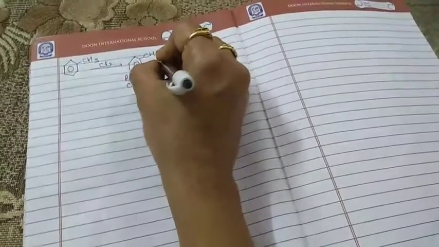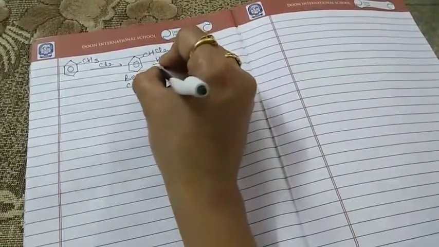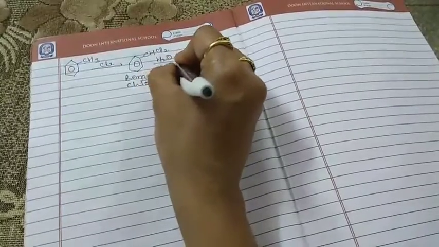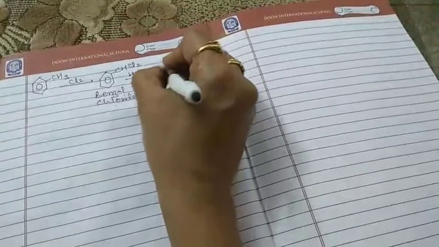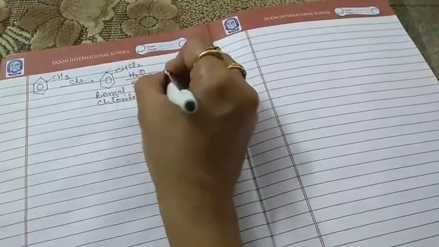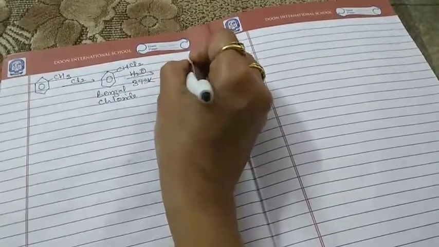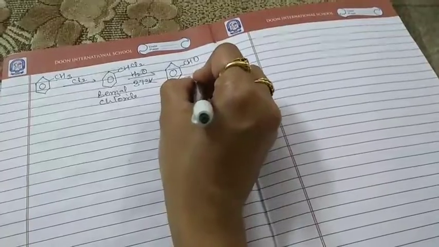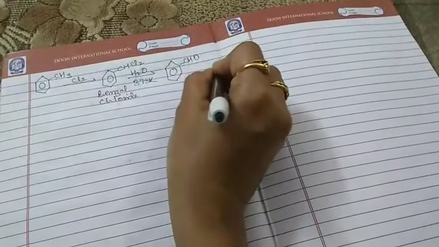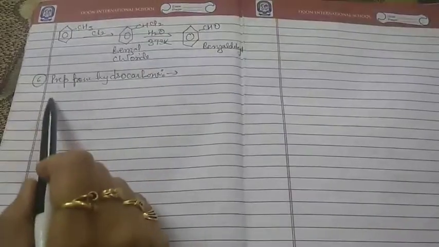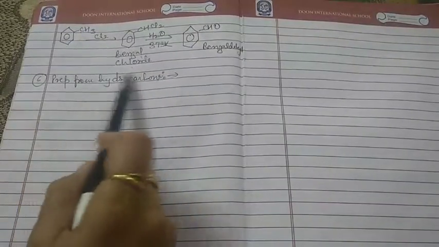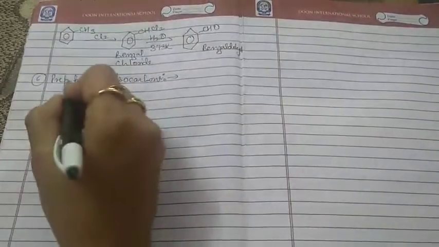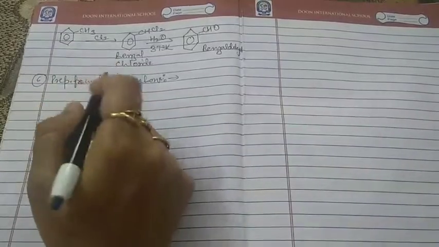Again the hydrolysis occurs at a temperature of 373 Kelvin, and we get benzaldehyde.